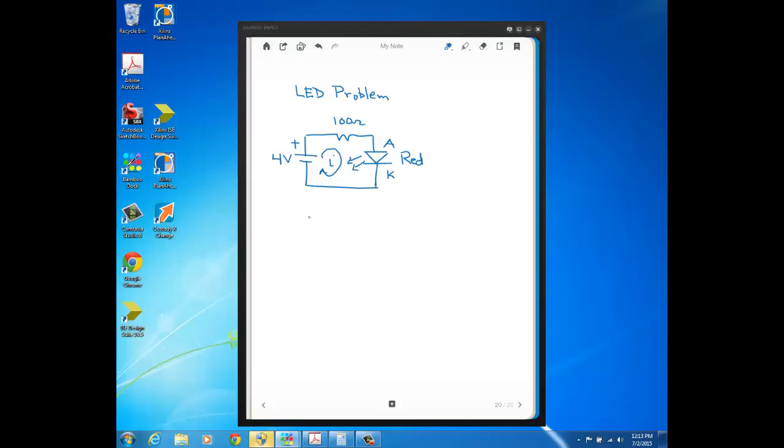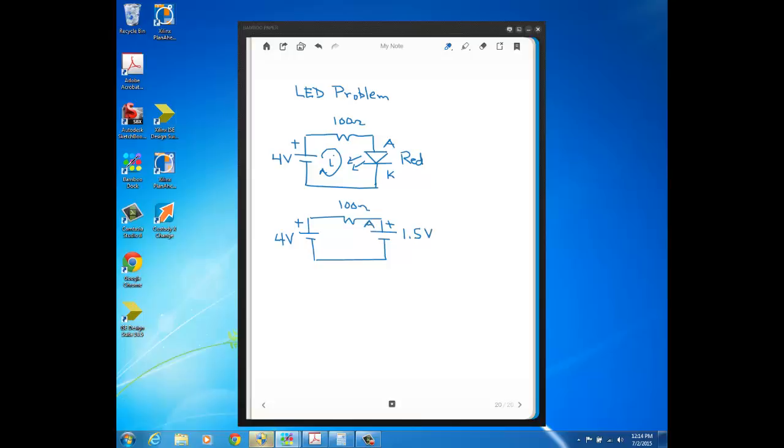To find the current flowing in this circuit, we would just analyze this circuit here, where we put in a 1.5 volt source to represent the forward bias red LED. So here's our 4-volt source, here's our 100 ohm resistor, and then the red LED is represented by a 1.5 volt source.